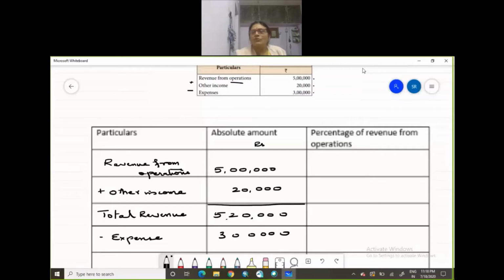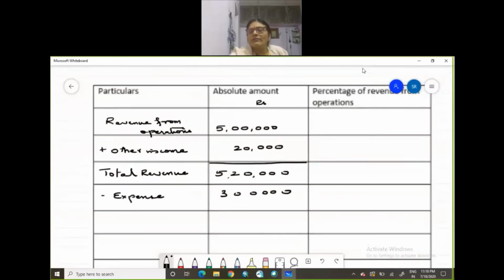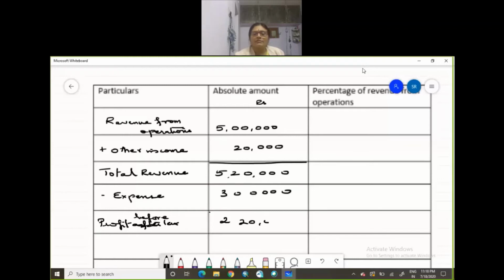Okay. So you'll be getting a profit after tax. Profit after tax, sorry, before tax, right? You have not reduced the tax. So profit before tax is going to be 2,20,000. Fine.